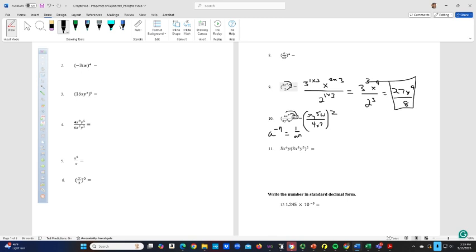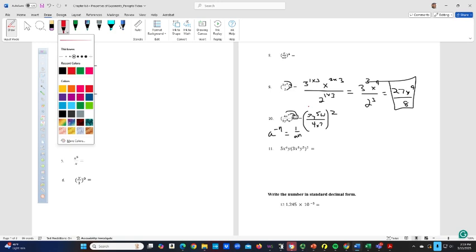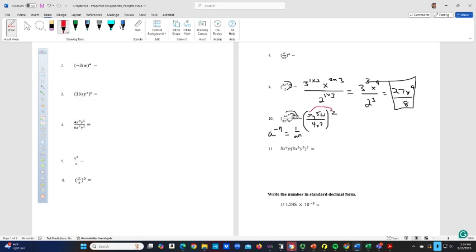It doesn't matter which way you go as far as which one of those you do first. All right, so at any rate, I'm now going to apply my power rule, and I'm going to put this 2 into all 5 of these different values.